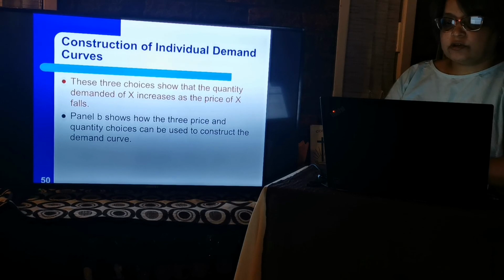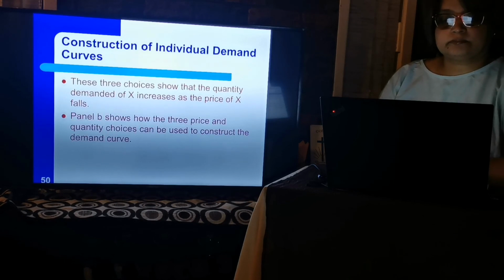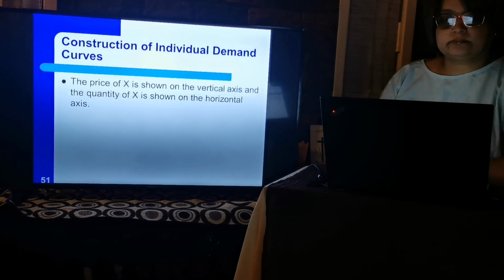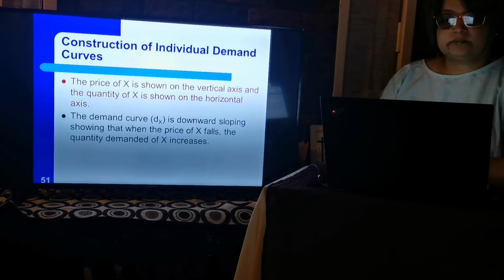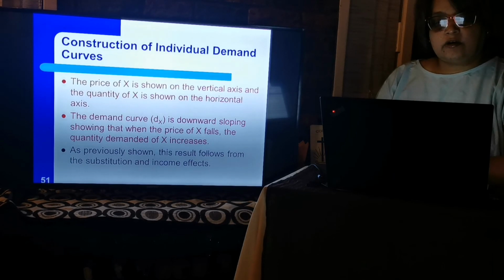Panel B shows how the three price and quantity choices can be used to construct the demand curve. Then that is the slide that explains and underscores the diagram that was shown earlier on.